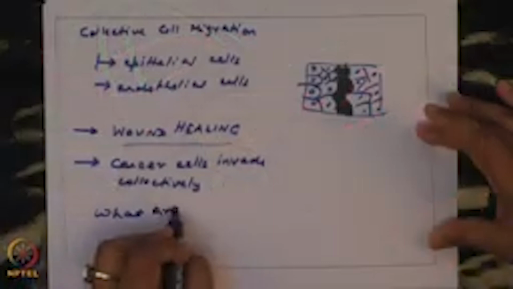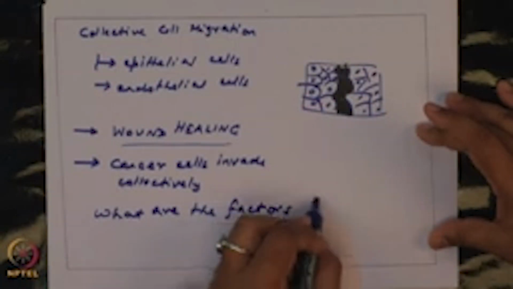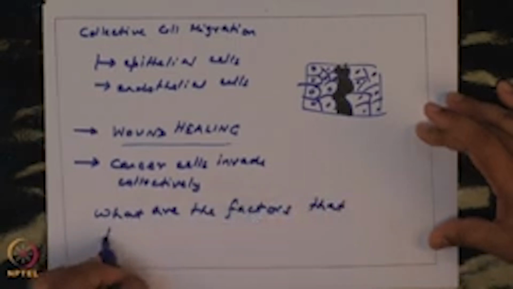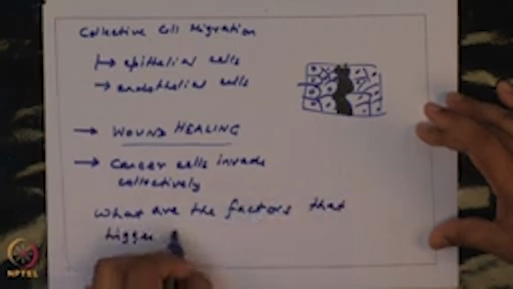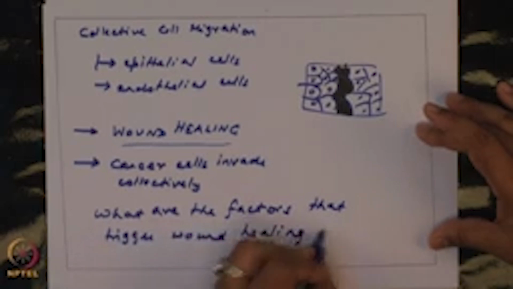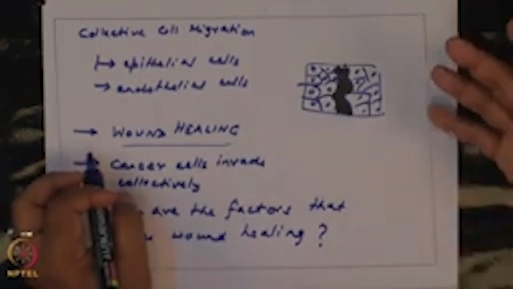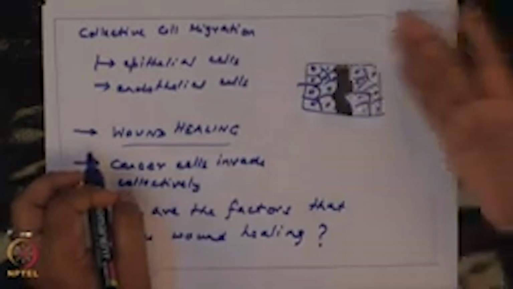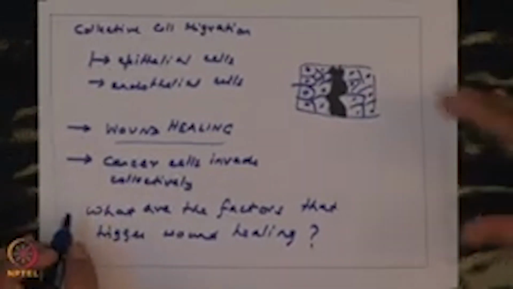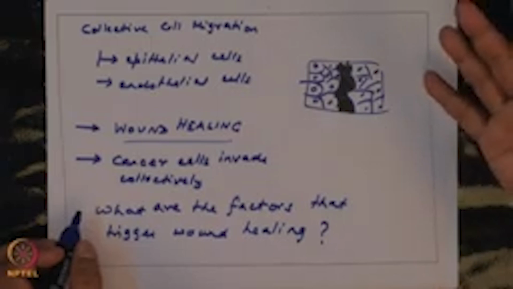What are the factors that trigger wound healing? Is it that some factors are released which trigger the migration of these cells? Or is it just the availability of space that is a signal which triggers migration of cells?